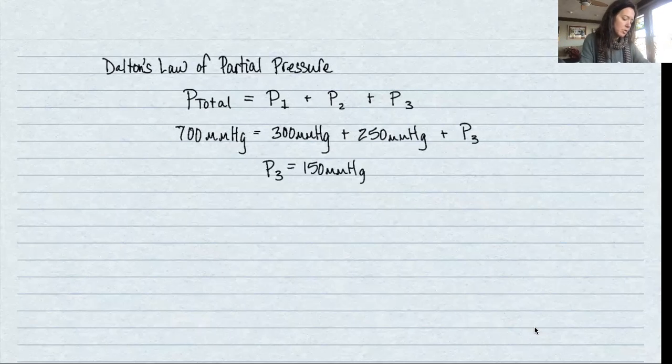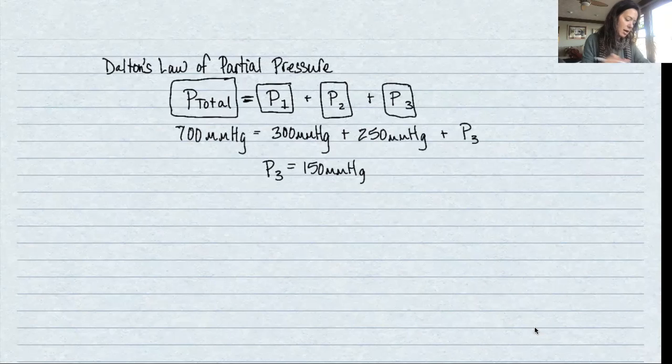Okay, because the sum of the individual pressures of each gas is equal to the total pressure of all of the gases. Can't be any simpler than that.